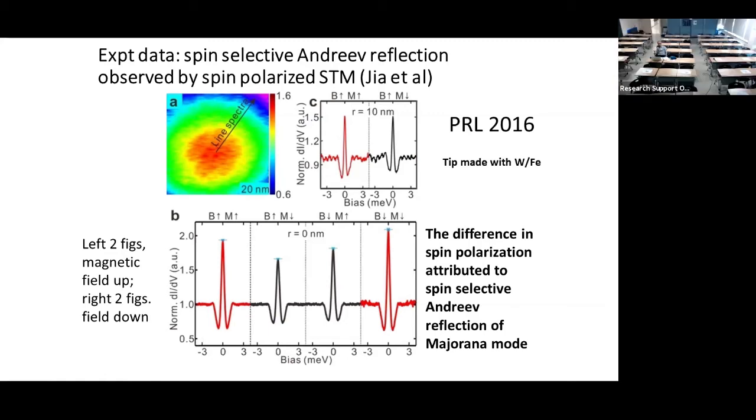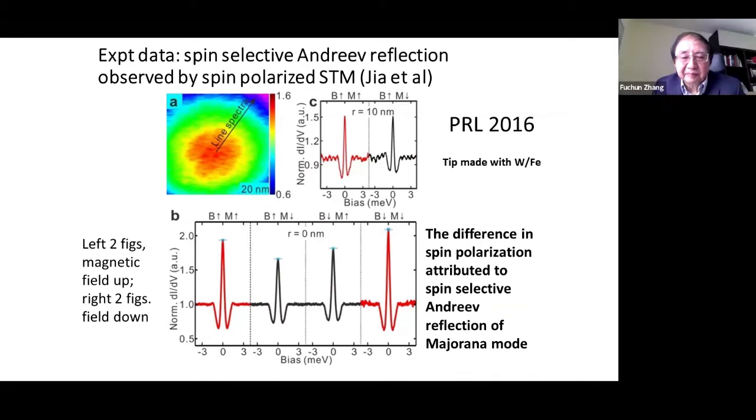Okay, then my question is the upper panel right-hand side. If you measure this STM a little bit away from the vortex core, why did you still see this almost zero energy peak? You expect to observe this zero energy peak? Oh, yeah, yes.